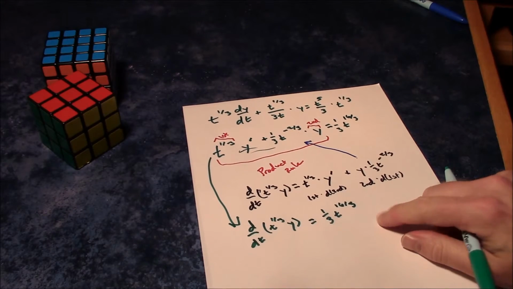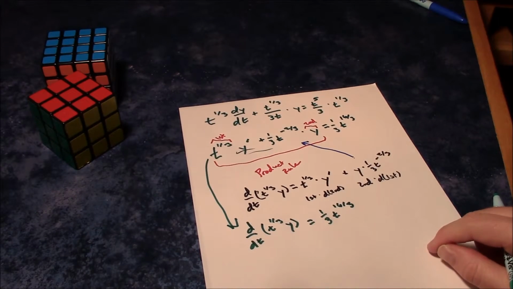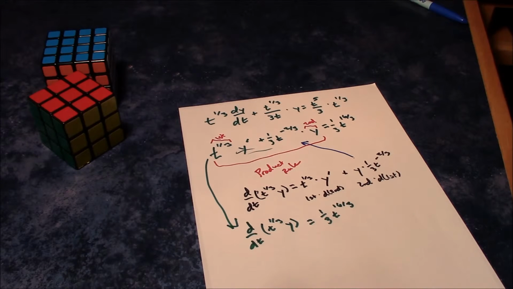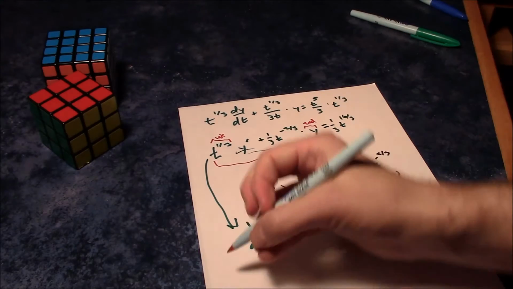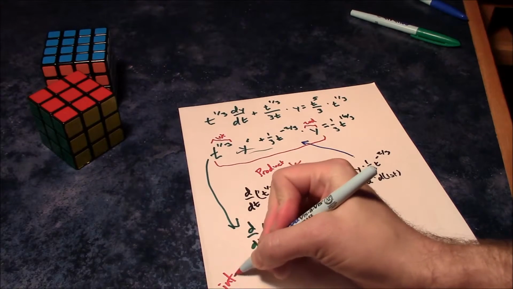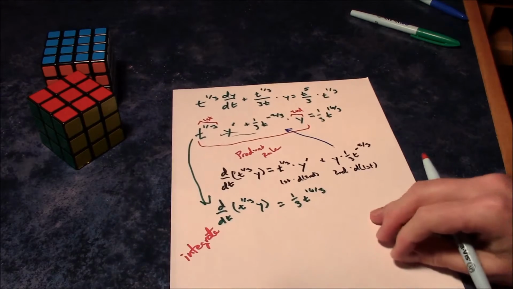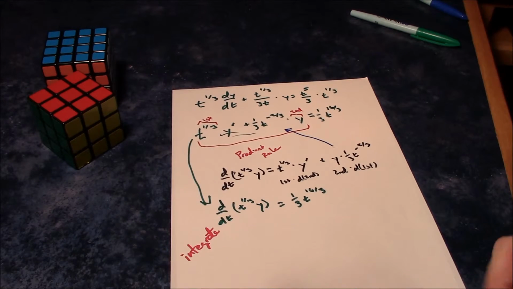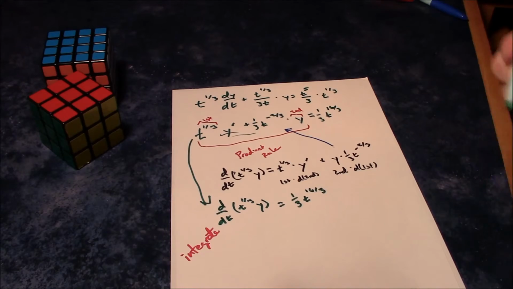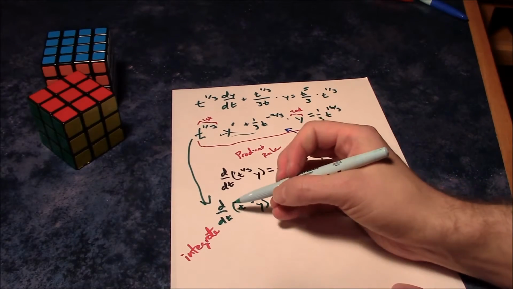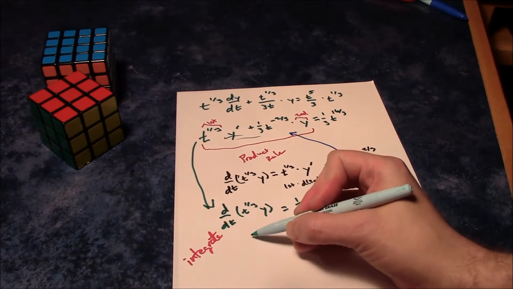Now this little thing will always happen if you use e to the integral junk as your integrating factor for a first-order linear equation. This is good because then we integrate, and that would be just great. The integral and derivative cancel each other, right?